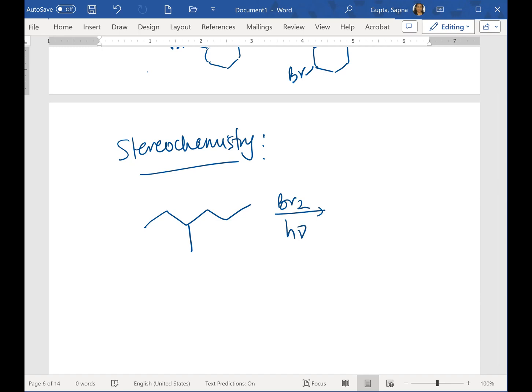Again, with bromination, we're only going to write one product, the major product, the more stable radical that formed. So we know that the more stable radical is going to be the tertiary one. So this is where bromine is going to react. So now what happens is you actually generate a stereocenter, a chiral carbon.